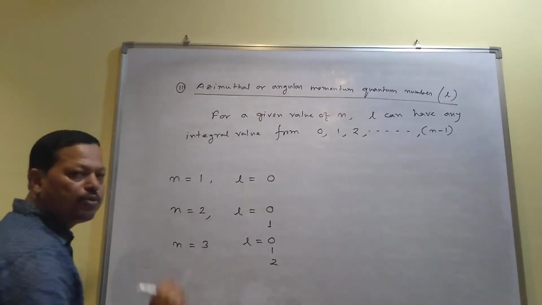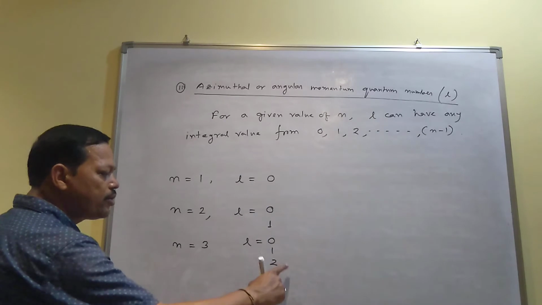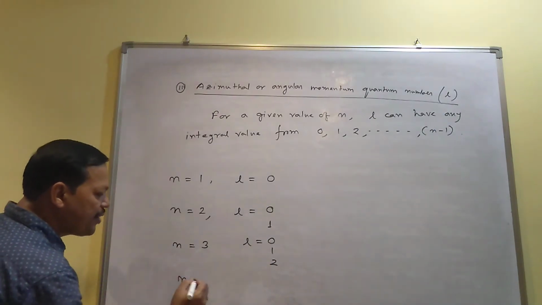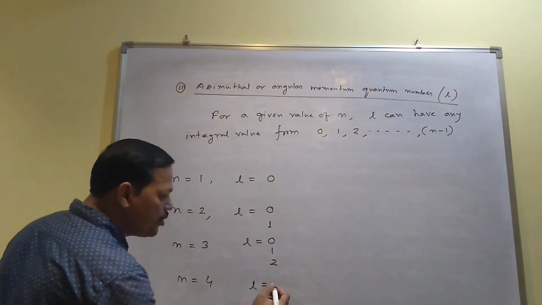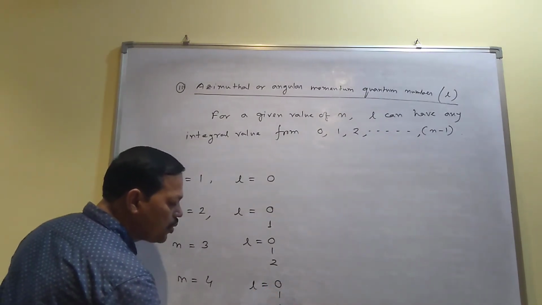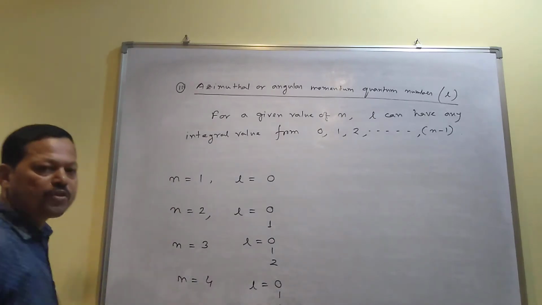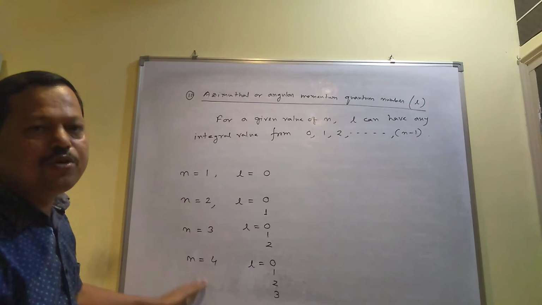N value is 3, that's why you have got 3 values, and they should be 0, 1, 2. Similarly, if n is equal to 4, you will get 4 values of L. Values should be 0, 1, 2, 3. So this way you can find out the value of L if you know the value of n.